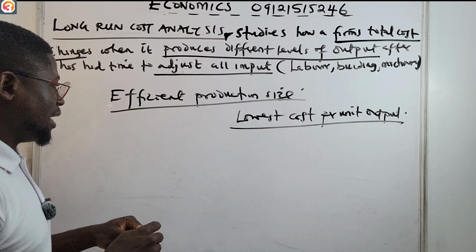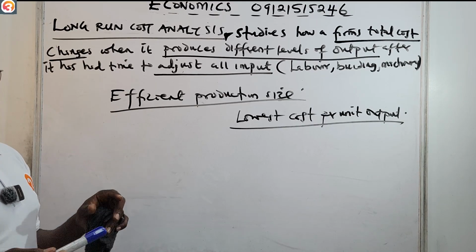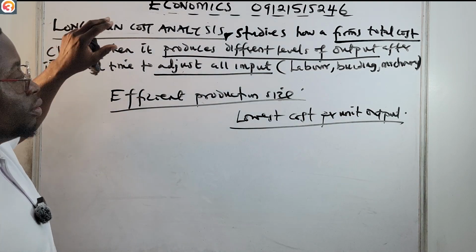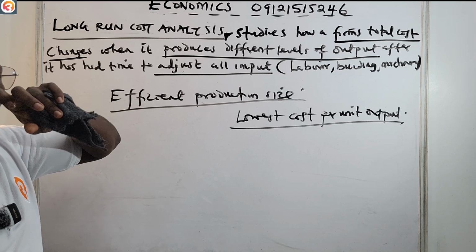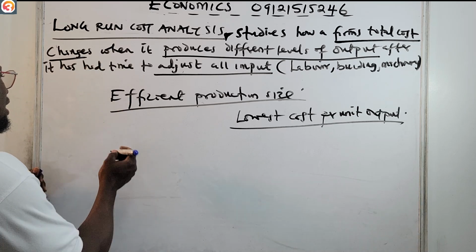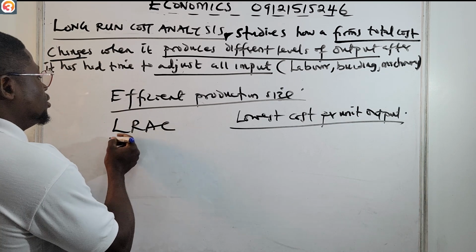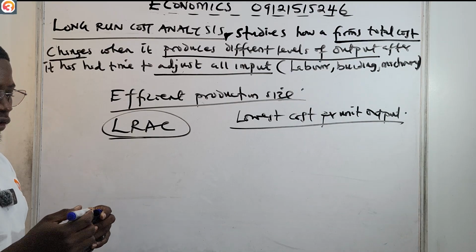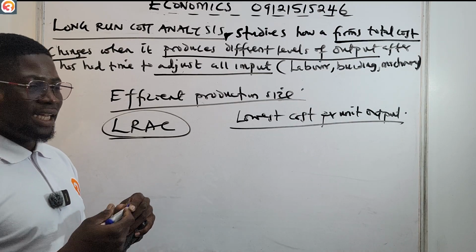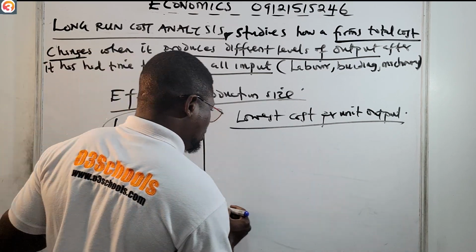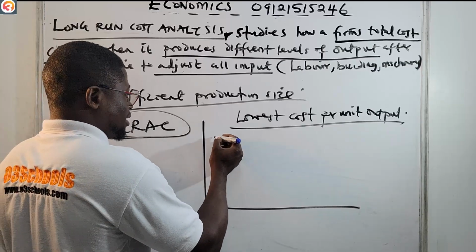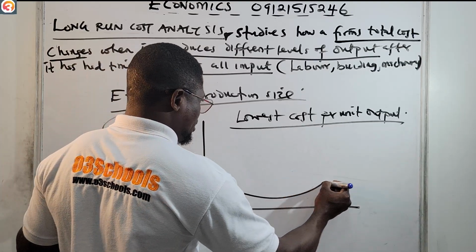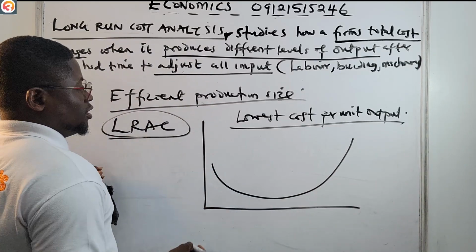First of all, it's important to know that the long run average cost curve, which we call the LRAC, is U-shaped. We have our X and Y axes, and this is what our long run cost curve looks like.